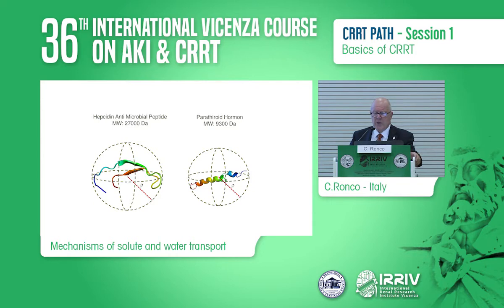Also, we know that solutes may not have a rounded configuration, and what you may be interested in, rather than molecular weight, is the molecular radius of this surrounding area, because the chance to remove this solute is comparable to a molecular weight which is much higher than what you would expect.